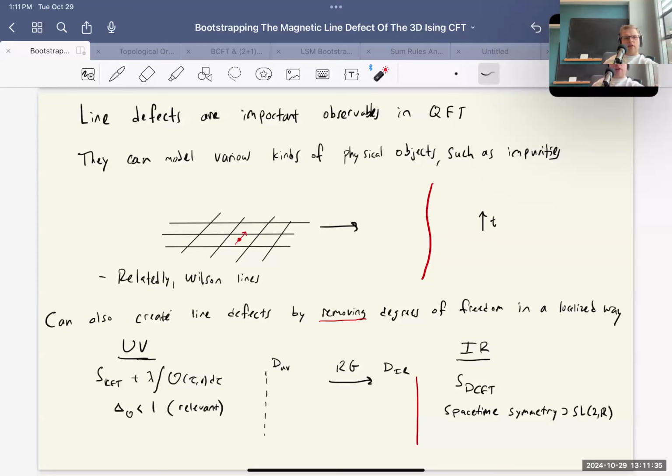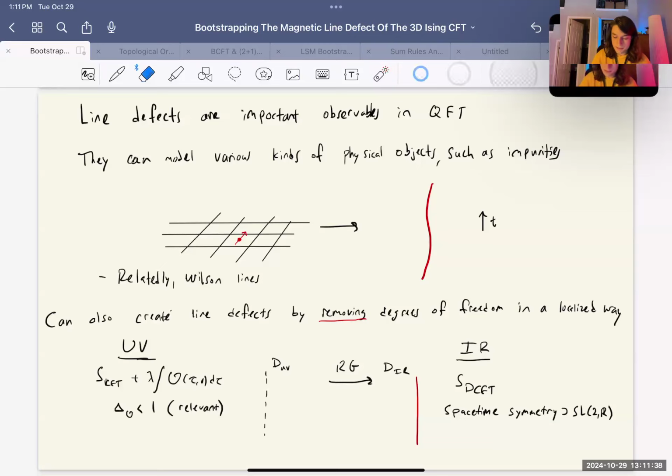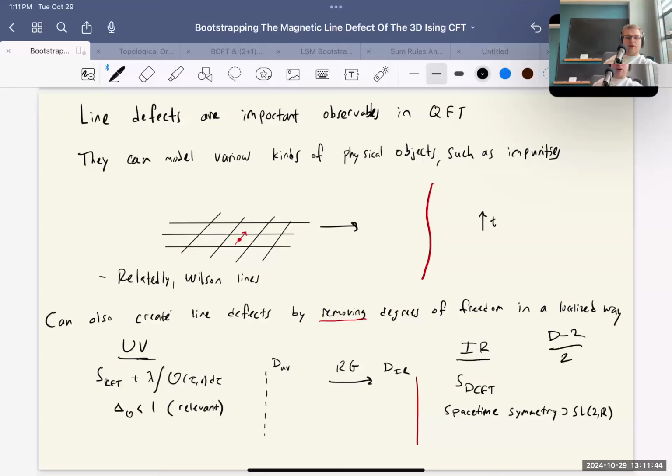For a scalar in D dimensions, it's (D-2)/2. That's why it's hard in 4D, but in 3D you get half a unit of wiggle room. Exactly. So in 3D, in any normalizable theory, there should probably be some operators lying around that you can play with to try to create some defects.